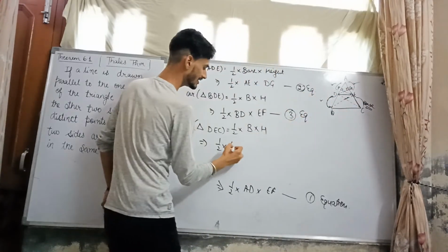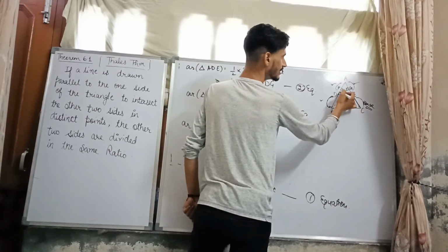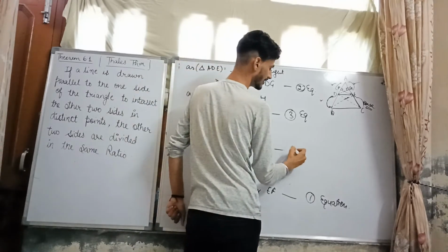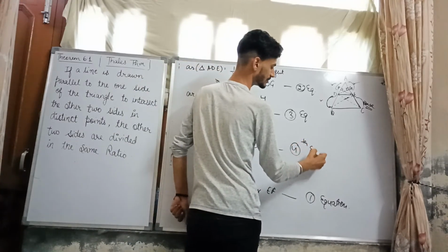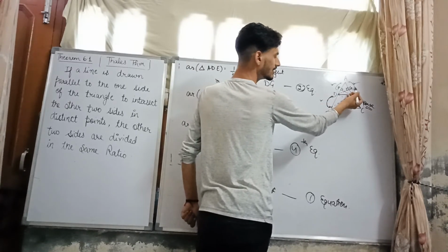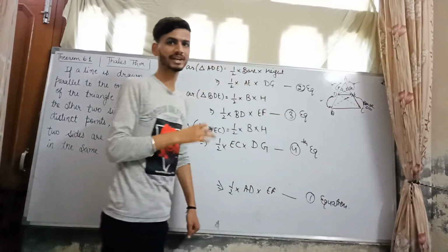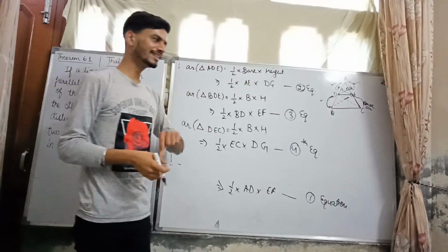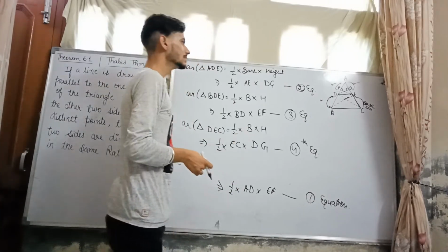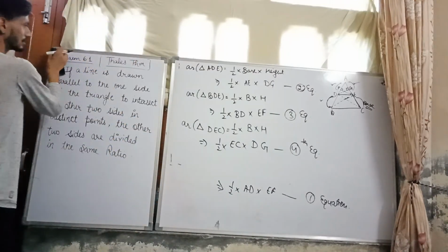Base is EC into height DG. So this is the fourth equation. We have taken DG as a perpendicular because this is an obtuse triangle, where we extend the base to maintain a proper perpendicular height. So these are our four equations. Let us write them here.